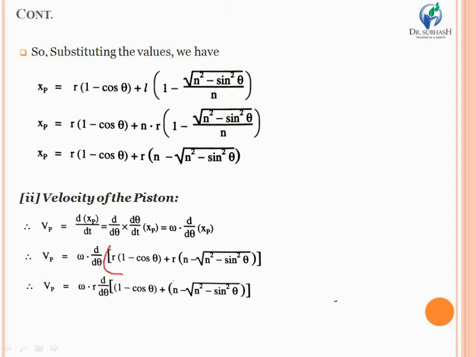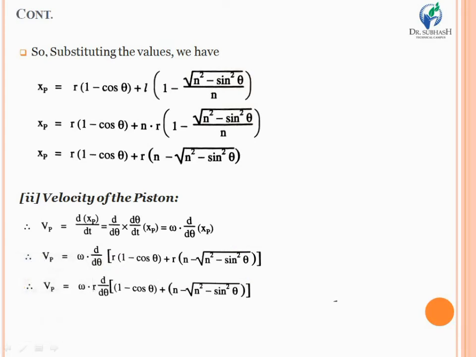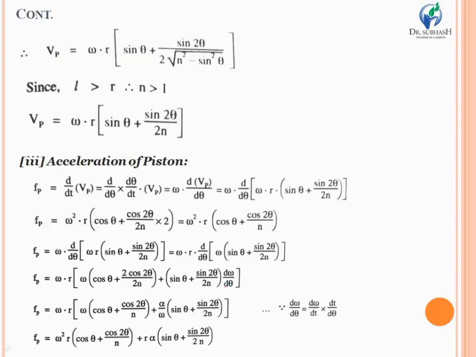By putting the values of xp in this place, you finally find the velocity of the piston: vp is equal to omega into r, d upon d theta of 1 minus cos theta plus n minus under root n square minus sin square theta.